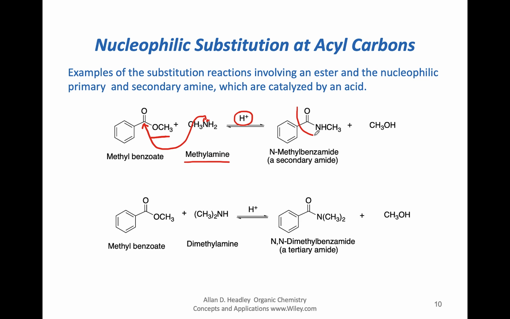So here is the amide bond. This is known as a secondary amide because it has two alkyl groups bonded to that nitrogen. The leaving group here is methanol, as you can see here.